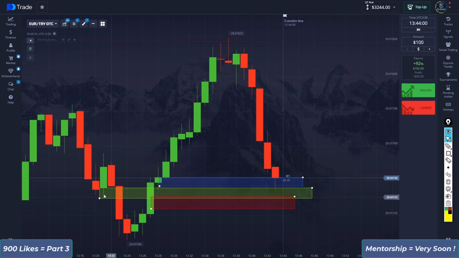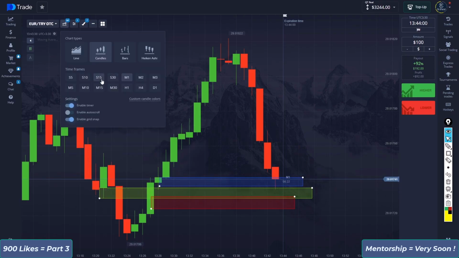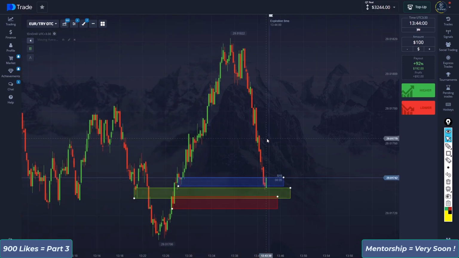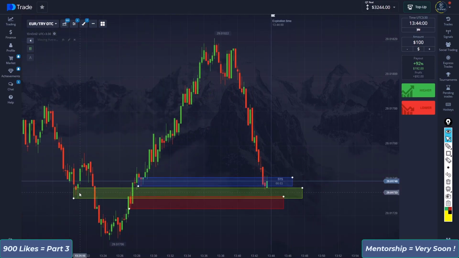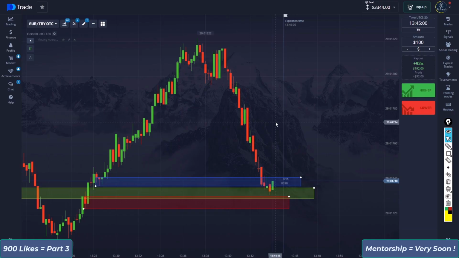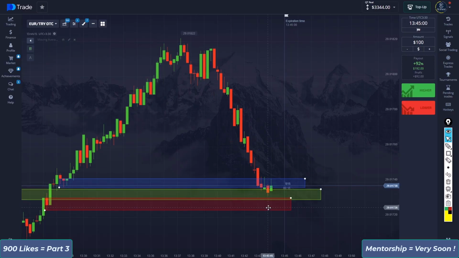Okay, it's reacting from the QM's shoulder here. Let's see. Yeah, it reacted exactly from the green area. We are getting a reaction from this, but it hasn't touched the red zone yet.